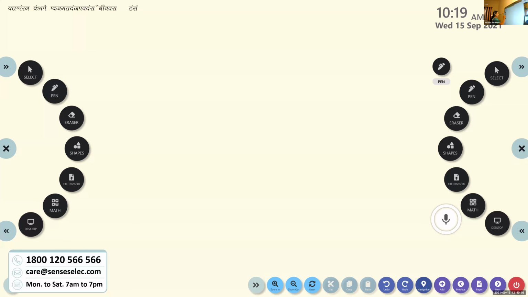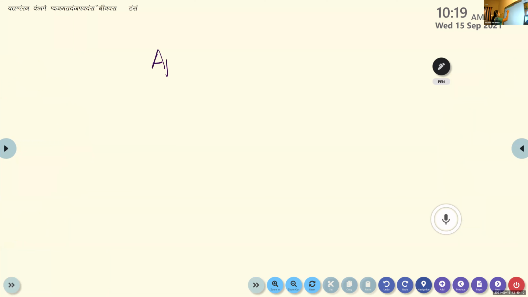Applications of logarithms. To apply the logarithm property, we learned a few formulas, some rules are there. Whether we discussed these rules earlier, yes or no?